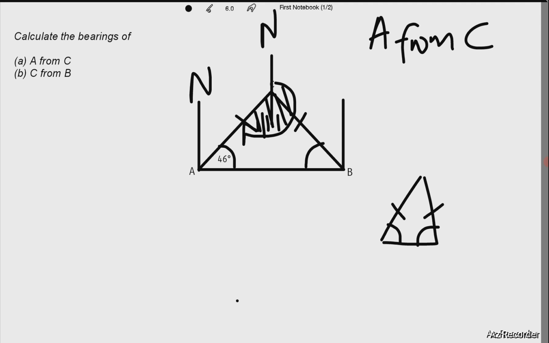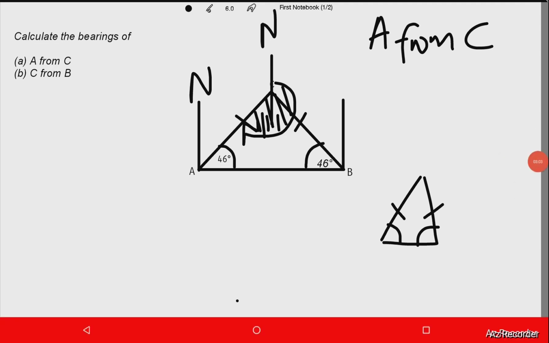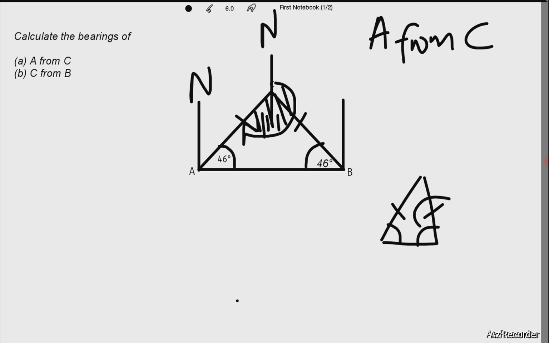So if A is 46, then also B is 46. How do you tell if the triangle is isosceles? When they put these two lines on the sides of the triangle, you can tell that this is an isosceles triangle, and the base angles will always be equal.